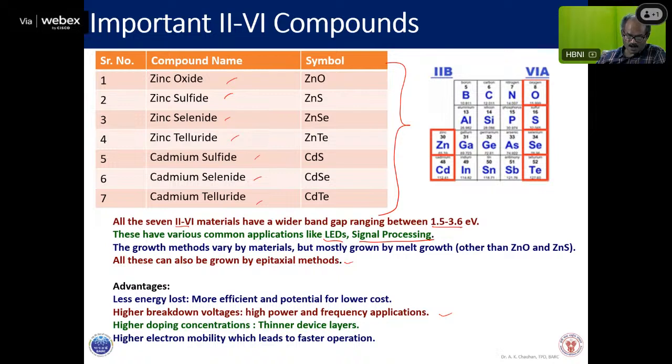Then because of higher doping concentration, thinner device applications. And then higher electron mobility leads to faster operation. So these have higher electron mobility. So these are some of the advantages of these 2-6 compounds.